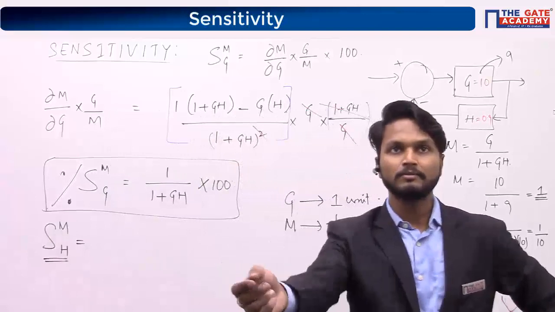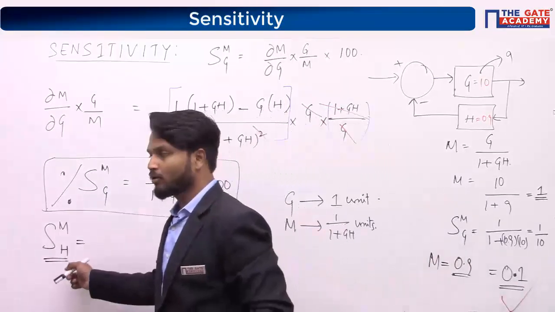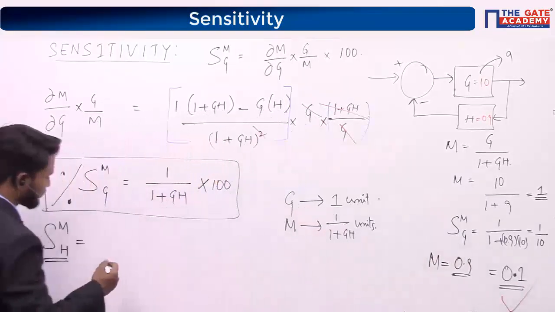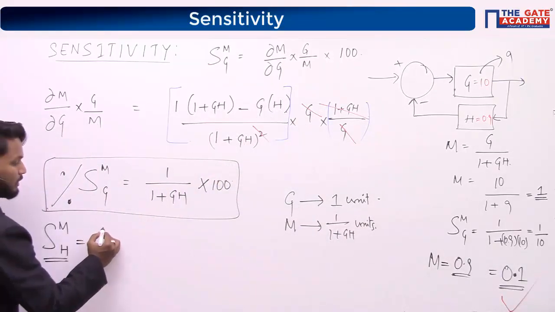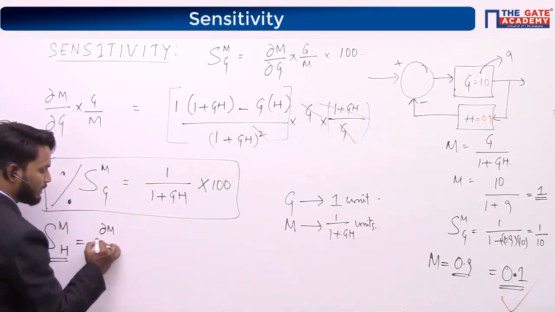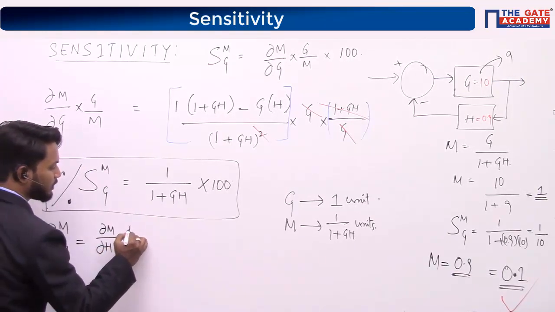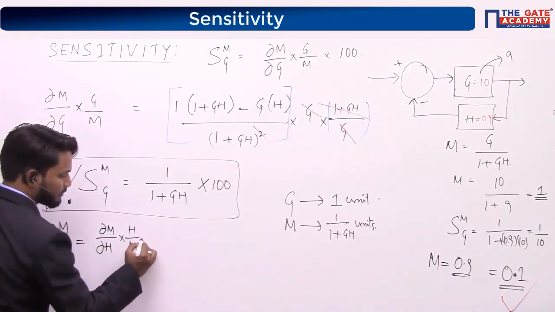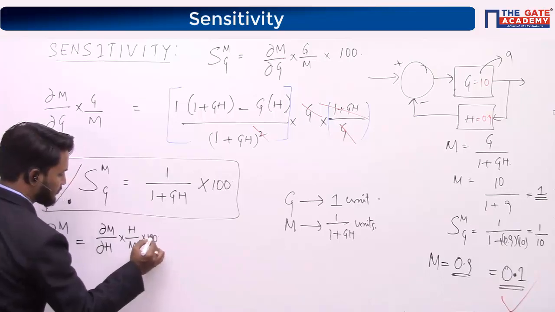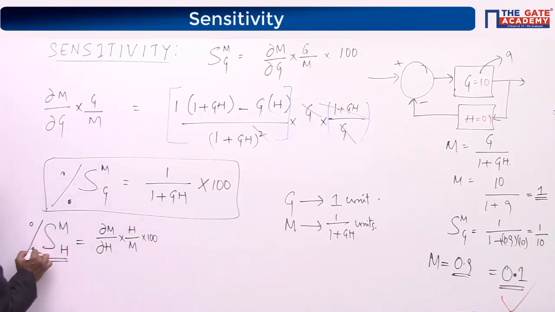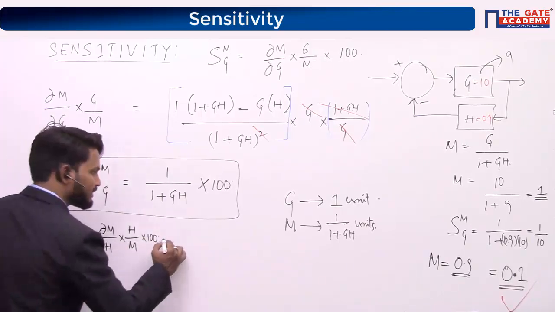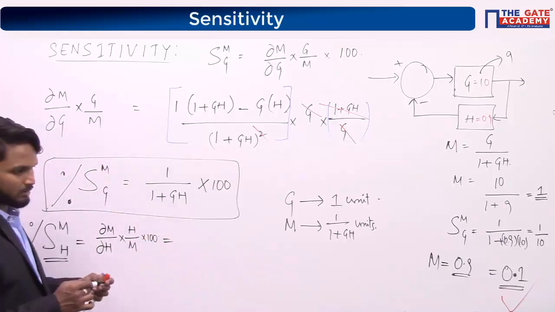What is the answer? Sensitivity of the overall transfer function with respect to the feedback path transfer function is dou M by dou H multiplied by H upon M multiplied by 100, if you want it in percentage. Just calculate this and tell me the answer.